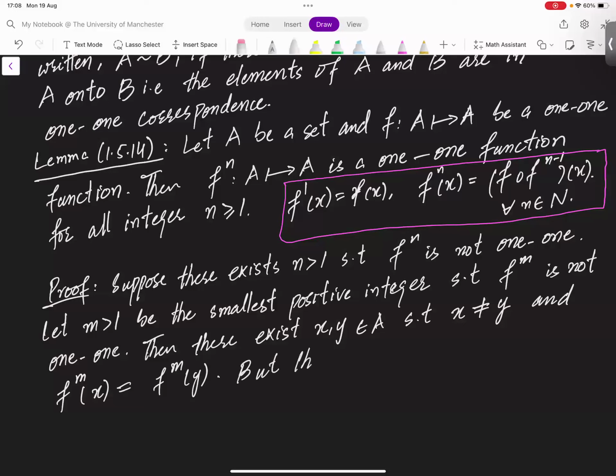But then f of f power m minus 1 of x is f of f power m minus 1 of y.